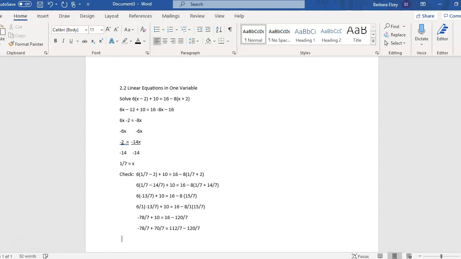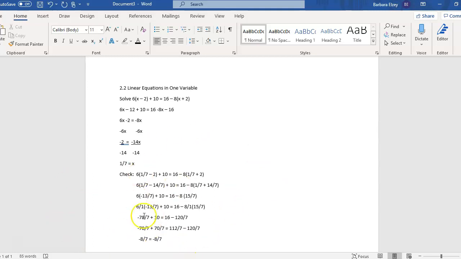And now let's finish off both sides, and hopefully we have the same thing. So -78 plus 70 gives us -8 over 7. And on the right side, 112 minus 120 is -8 over 7.